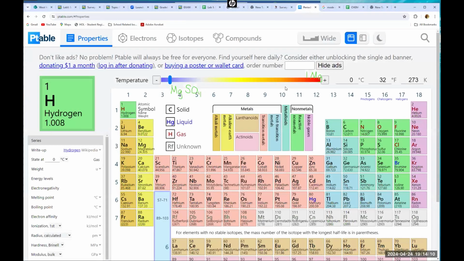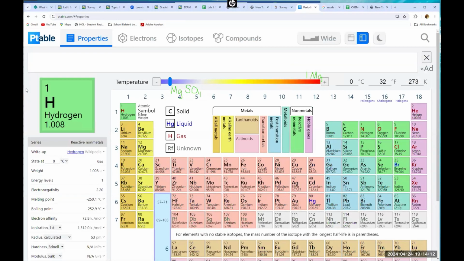And magnesium weighs 24.305. And of course, since there's only 1, we're going to multiply that times 1.